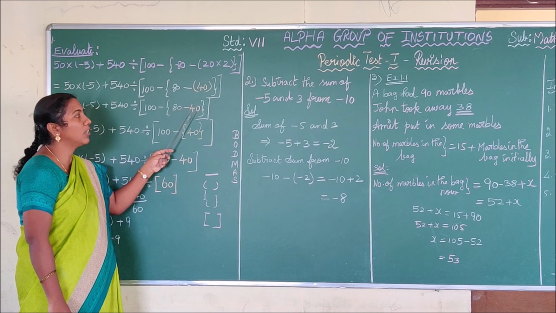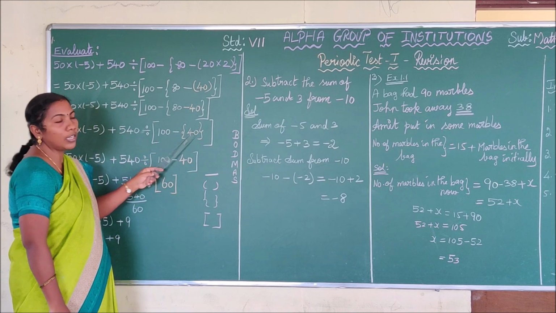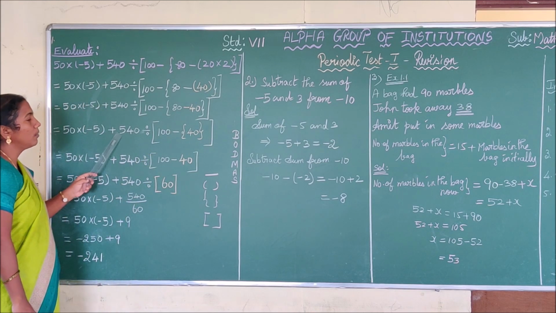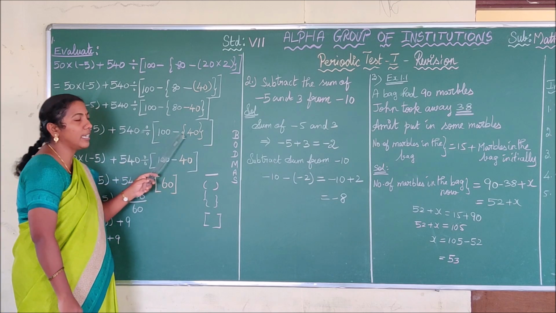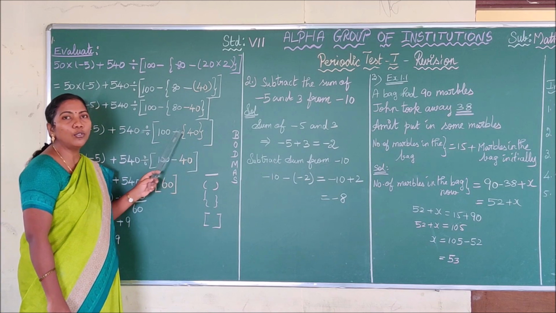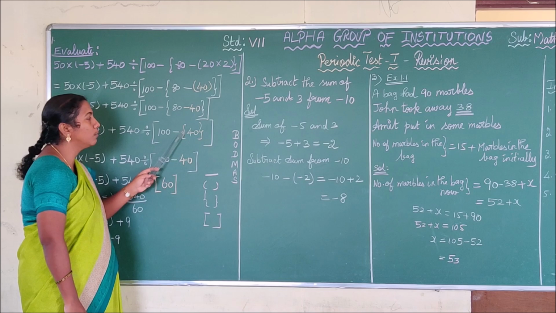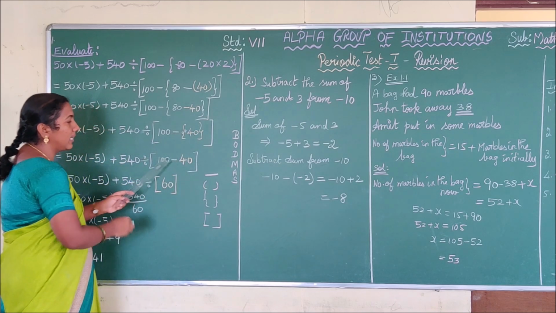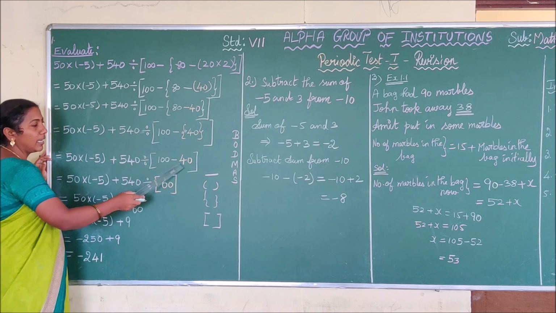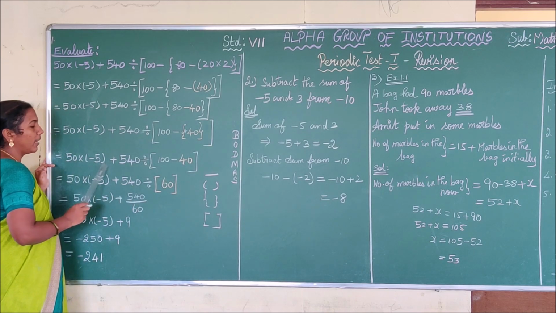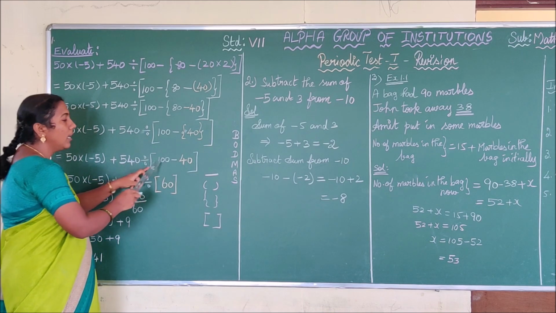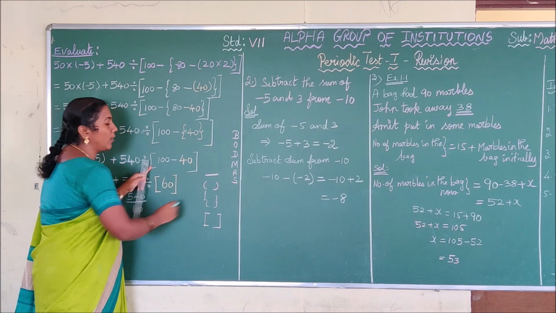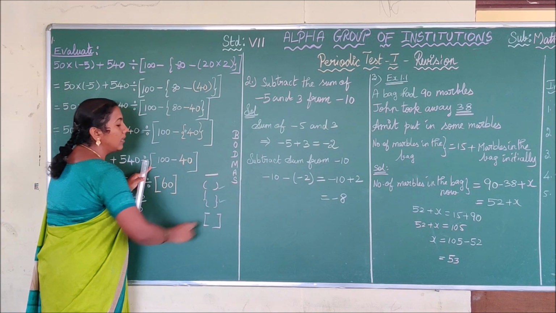So 80 minus 40, what is your answer? 40. So 50 into minus 5 plus 540 divided by 100 minus 40. Next we have to remove this curly bracket by multiplying the symbol. So here we have the symbol plus, minus into plus, minus, thus we have 100 minus 40. 50 into minus 5 plus 540 divided by 100 minus 40. Thus we have evaluated the simple bracket as well as the curly bracket.